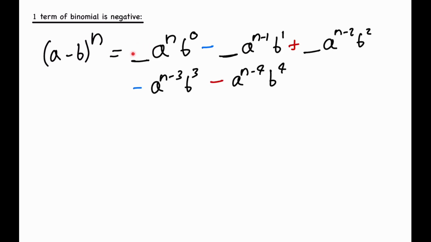So say you have a minus b to the power of n, you would get positive for the first one, negative for the second term, positive again, then negative, and then positive, and it will alternate for the whole series. So now let's move on to the constant term of a binomial expansion.